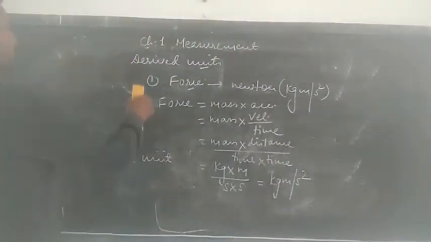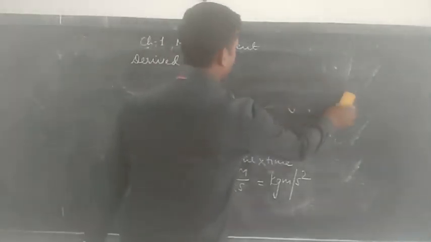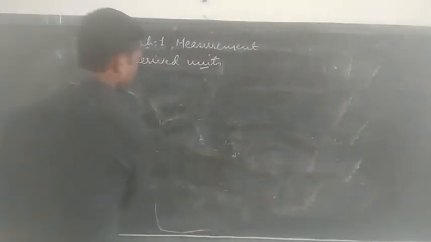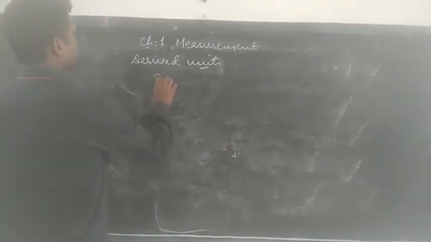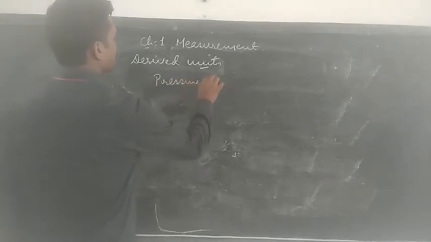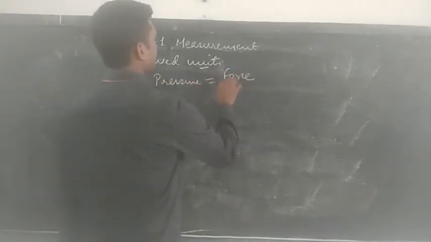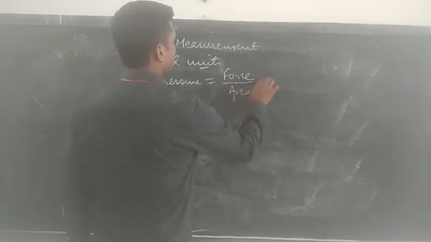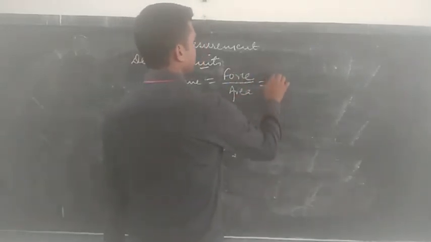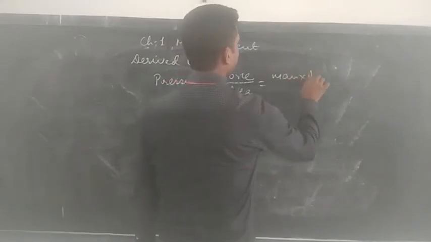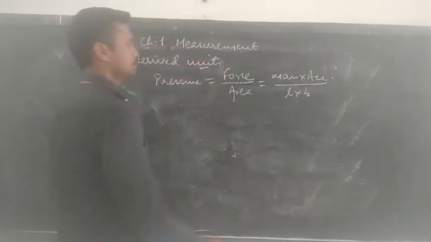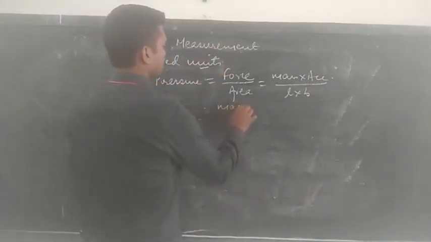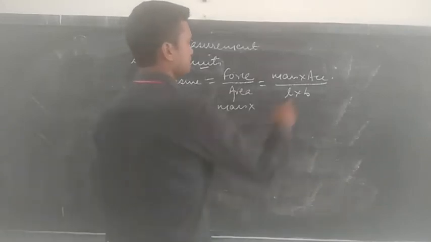I will show you one more by taking the example of pressure. Let's see about pressure now. As we know, pressure is force upon area. Force can further be written as mass into acceleration, and area is length into breadth. Mass is the fundamental quantity, so we write it as it is.